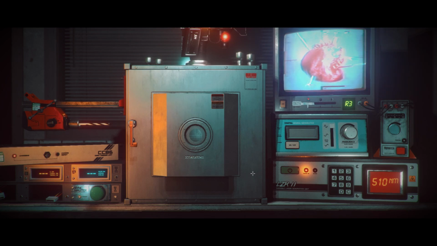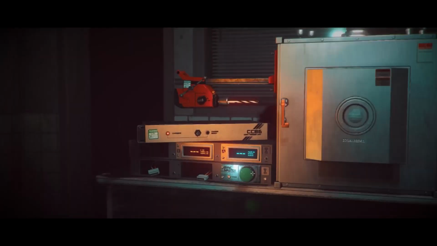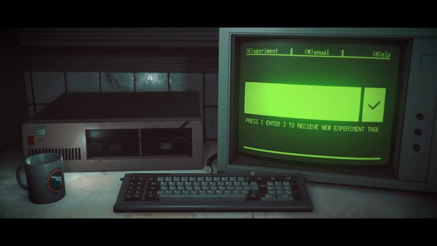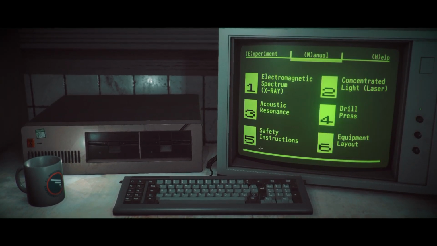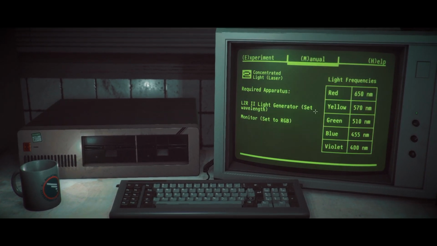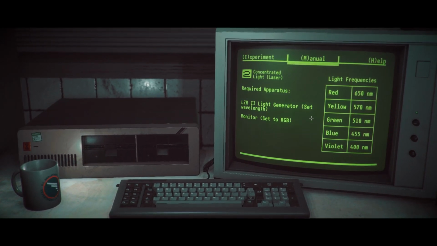Let's keep going. Increase again. Okay, increasing it again. Okay, so now we're using the blue laser, which is going to be 455.